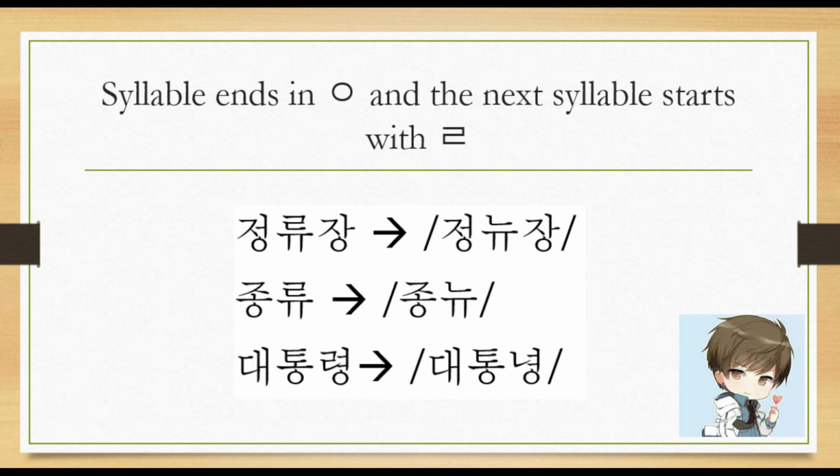So that will be jong, nyu. And last one is dae, thong, ryong. It becomes dae, thong, nyong. Mas madali sabihin, di ba?